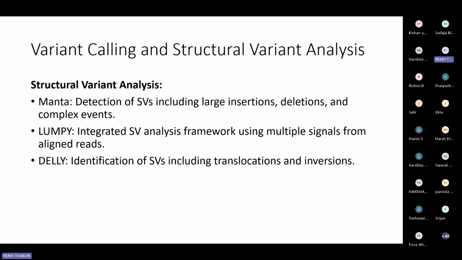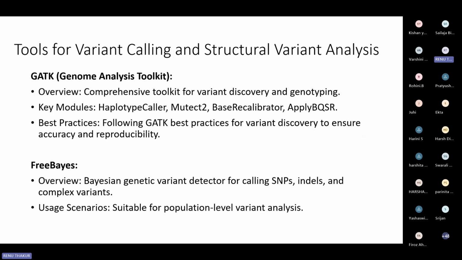Okay, so tools for variant calling and structural analysis. Genome Analysis Toolkit is the comprehensive toolkit for variant discovery and genotyping. Within that, you'll have HaplotypeCaller, Mutect2, BaseRecalibrator, BQSR, Indel realigner, those kinds of tools.